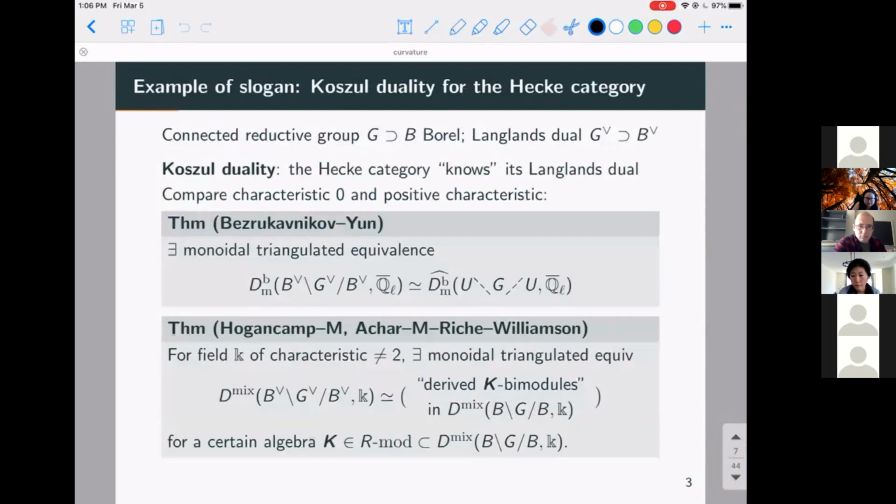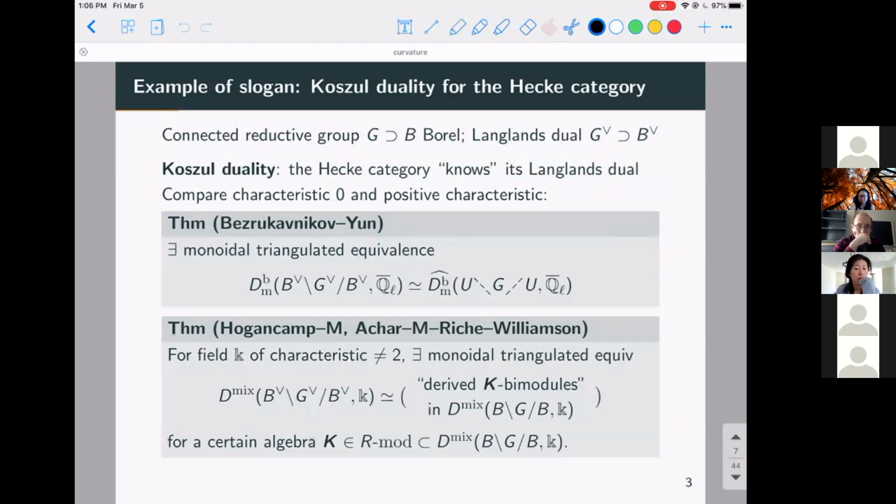I don't want to explain everything on this page, but there's something called the Koszul duality phenomenon for this Hecke category, which interchanges the connected reductive group G with its Langlands dual group G check. I want you to compare very briefly the characteristic 0 result and the characteristic p result.